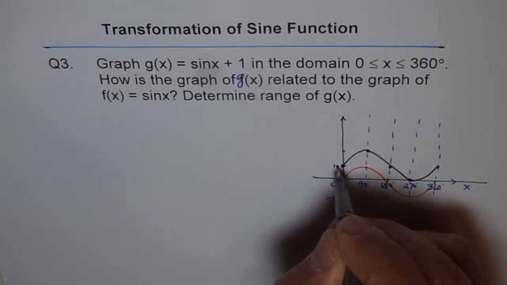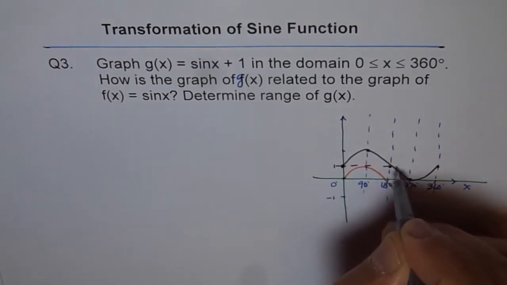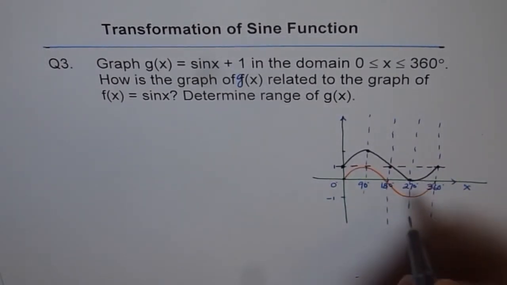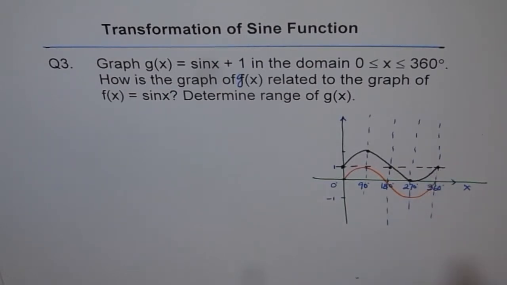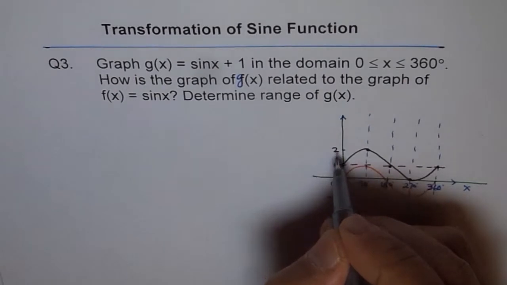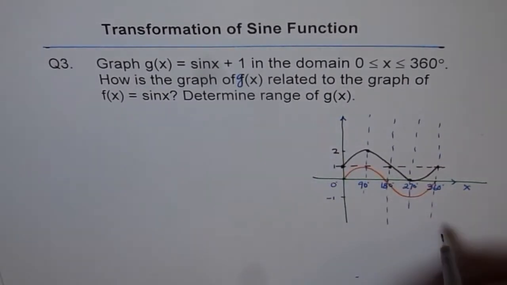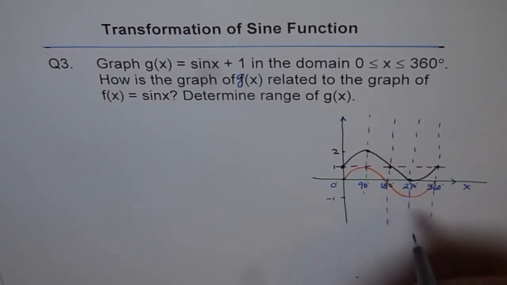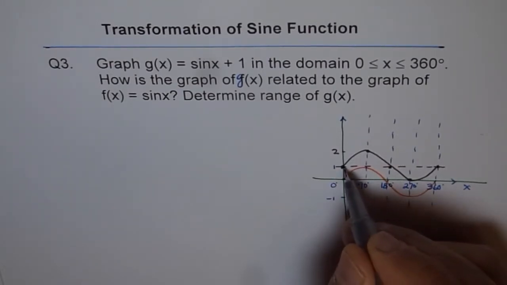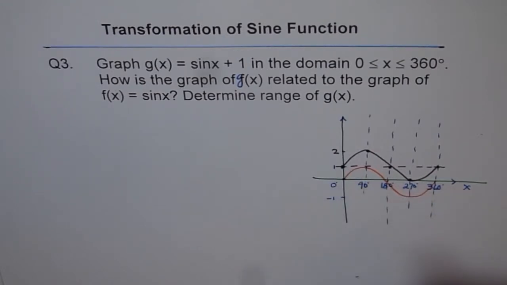Okay. So now the axis of symmetry moves 1 unit up. Do you see that? So instead of at y equals 0, the axis of symmetry is at y equals 1, maximum is at 2, minimum is at 0, right? So it has only one x-intercept. Earlier it had 3. One intercept at 270 degrees, and the y-intercept is at y equals 1.